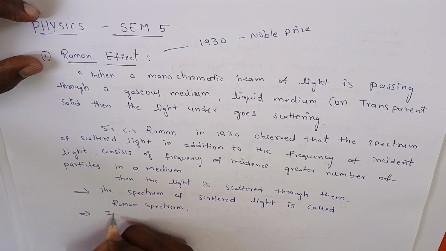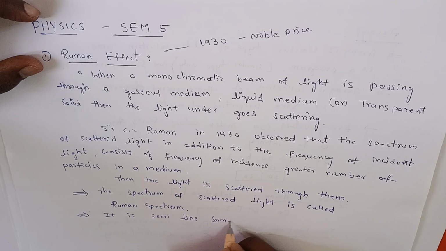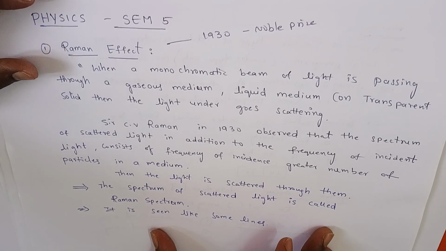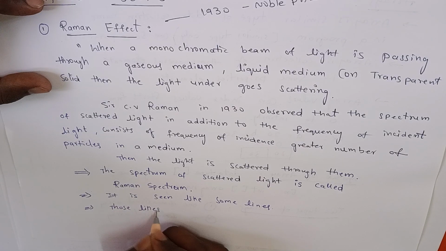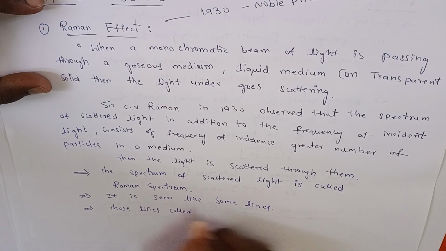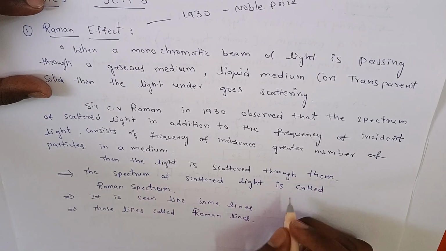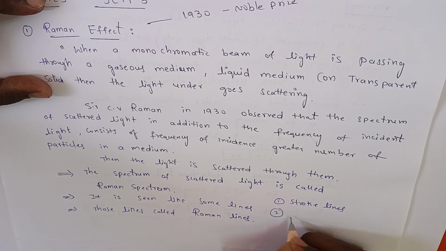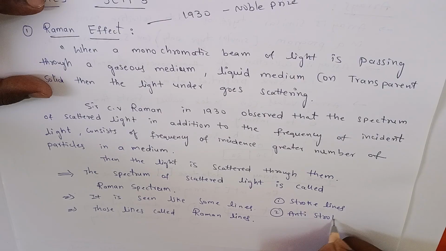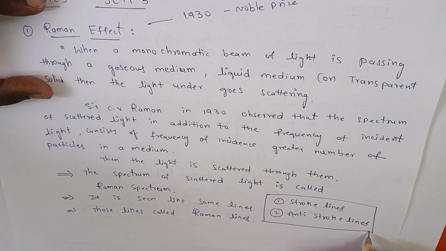Then it is seen as some lines. Those lines are called Raman lines, and they are also called Stokes lines or anti-Stokes lines.